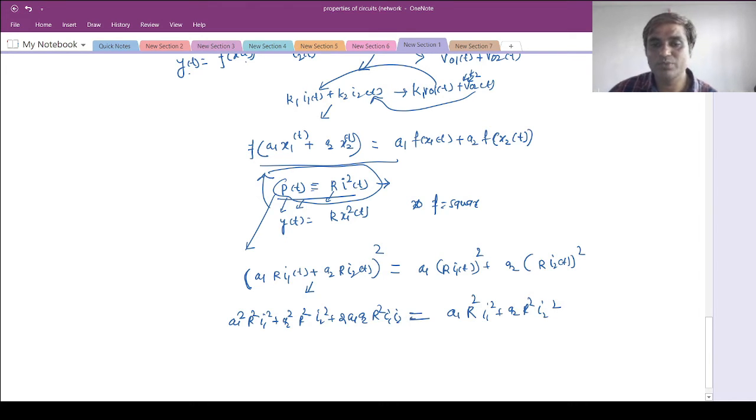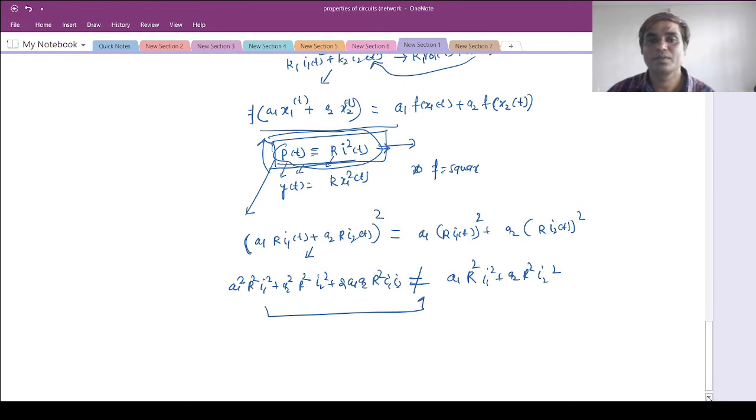If you see both sides, this is not at all satisfied. That's why this relation which we obtained between current and power is not a linear relation. It means the relation obtained from the network is not linear between power and current.